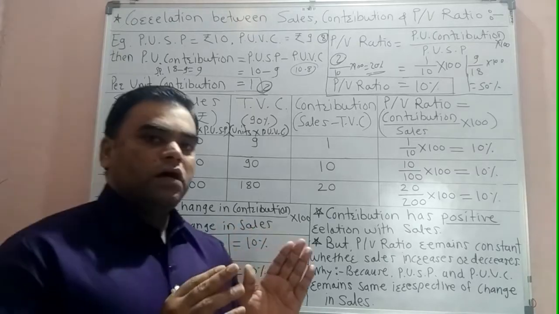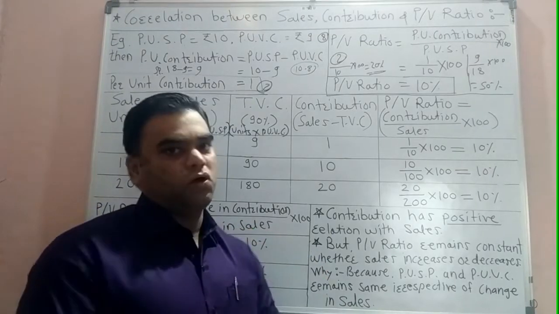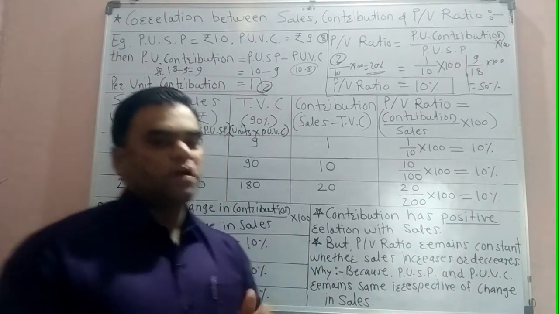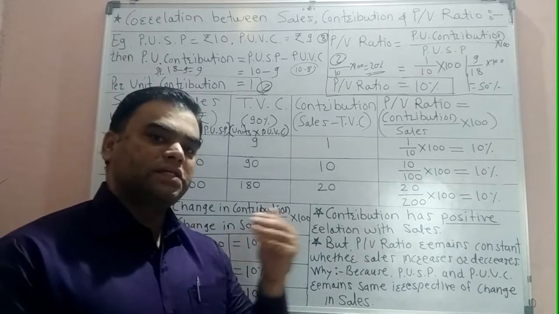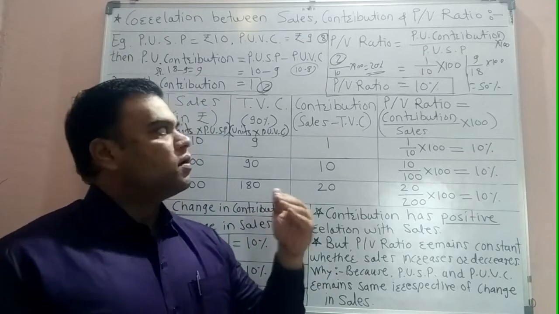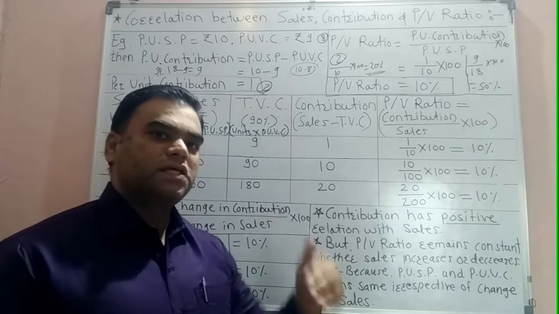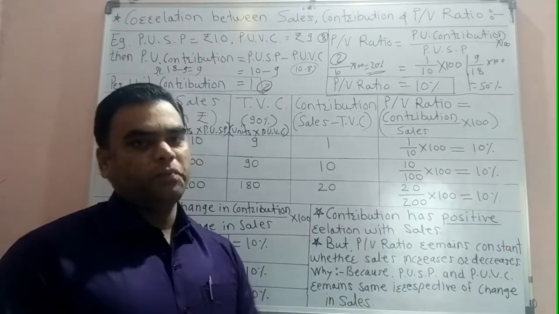Then what will be the PV ratio or contribution to sales ratio? How to calculate it, as we discussed in the last lecture. Contribution upon sales into 100 is equal to PV ratio.